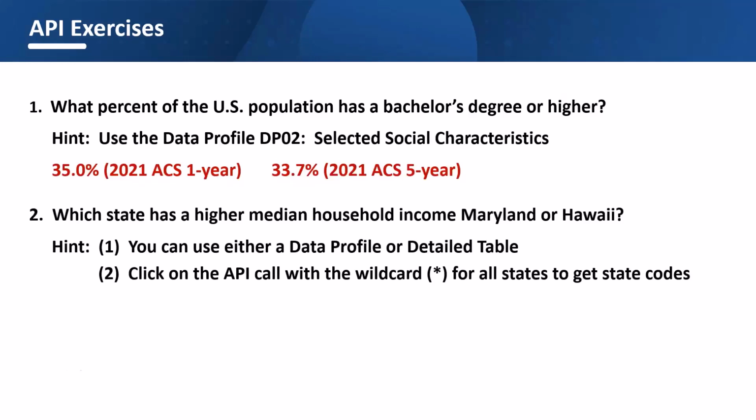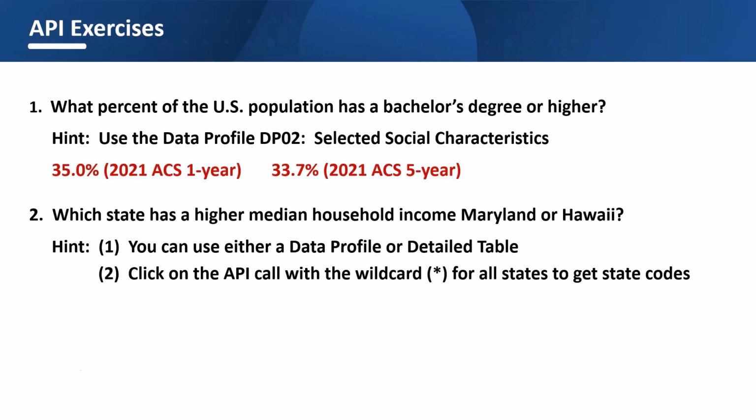In this case, you can use either the data profile or a detailed table. There is a detailed table for median household income. And to get the state codes, as I showed you before, just click on the state, the API call for all states with the wildcard, and it'll give you the state codes. So you'll figure out which one's Maryland, which one's Hawaii. I'll give you a few minutes to do that one.